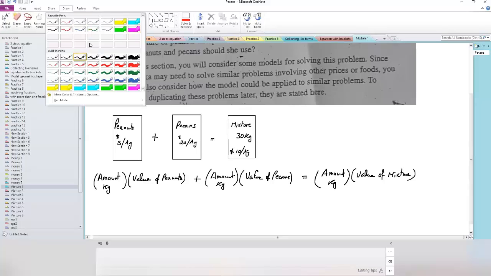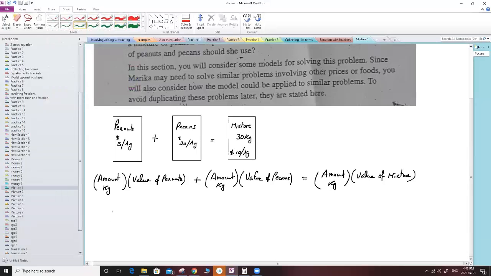And we're going to see what we have to start to create this equation. The amount of peanuts, actually, is unknown. I have no idea. I have to create a variable here. The value of the peanuts is $5, times the amount of the peanuts. Actually, this is the question. I have no idea about the amount of pecans, but I have the value of it, which is $20 per kilo.